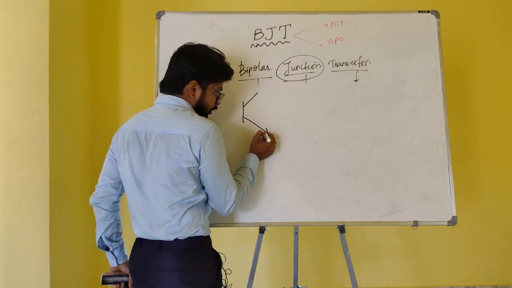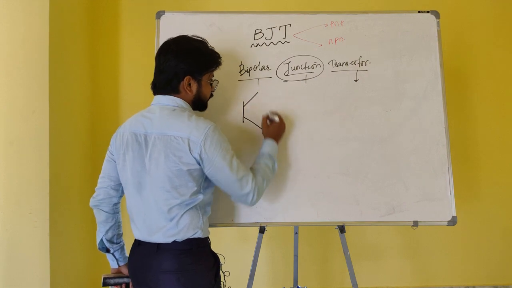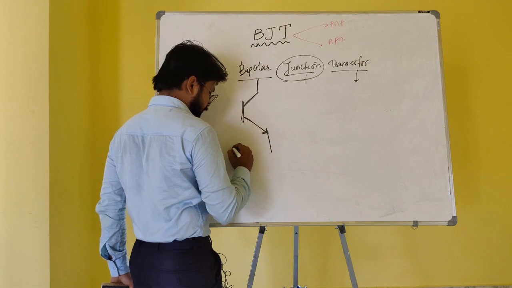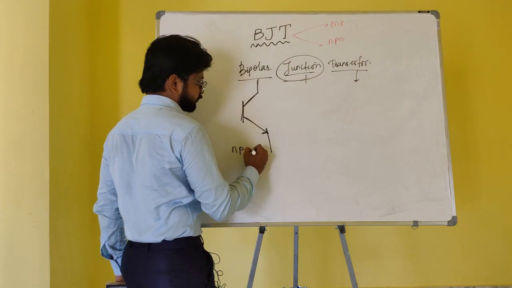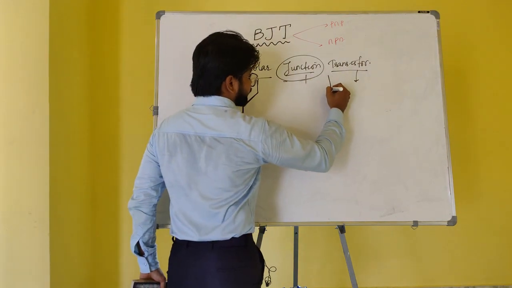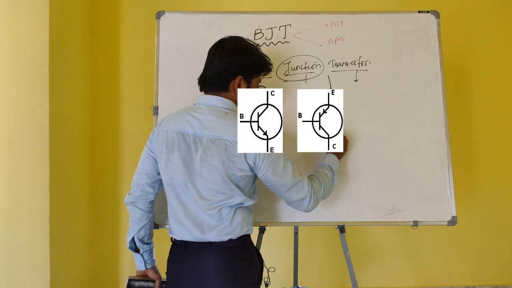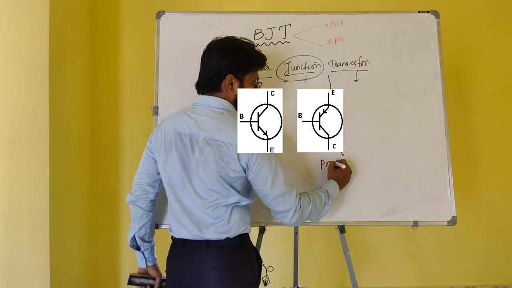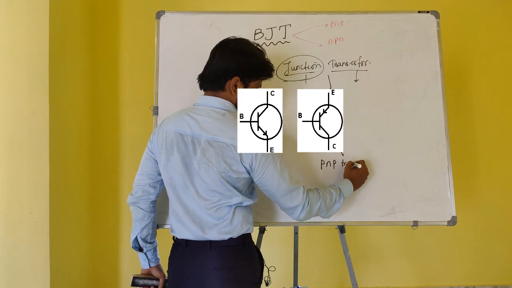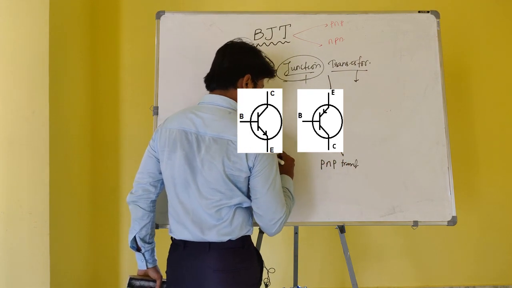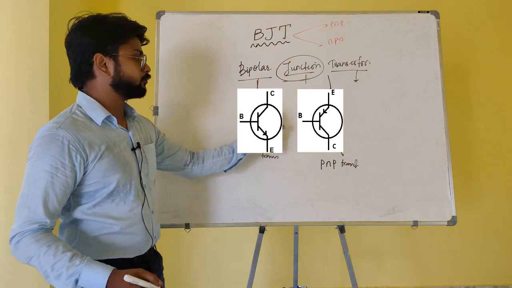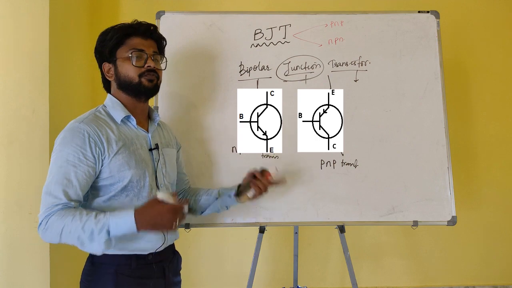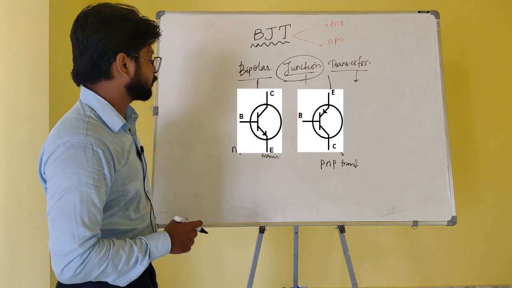If there is an arrow mark towards outside, it is an NPN transistor, and if there is an arrow mark inside, it is a PNP transistor. So there are two types of transistors. Which kind of transistors are used where, we will discuss now.